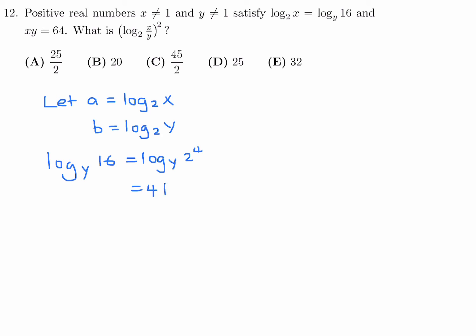Bring the 4 out front, and you get 4 times log of 2 to the base y. Now you have a log rule that says you can interchange those, but you have to put it in the denominator, so it would be 1 over log of y to the base 2. Since the log of y to the base 2 I have called b, this just becomes 4 over b.